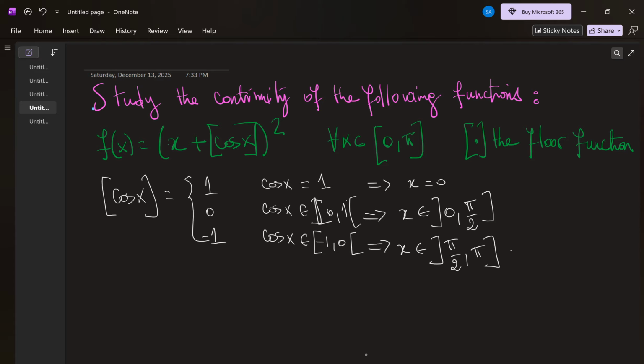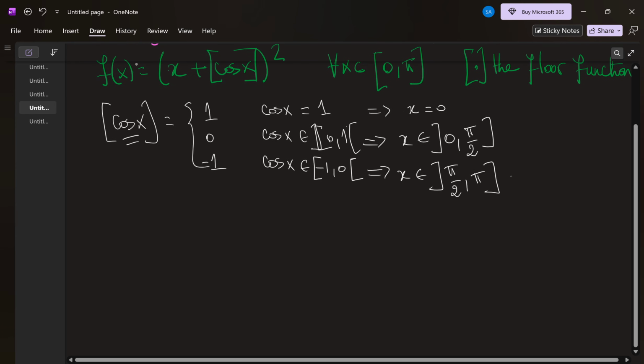So in these three cases, the floor function of cosine x takes the value 1, 0, and minus 1. So f of x will take the values 1 plus x all squared. Before doing this, we must discuss case by case.